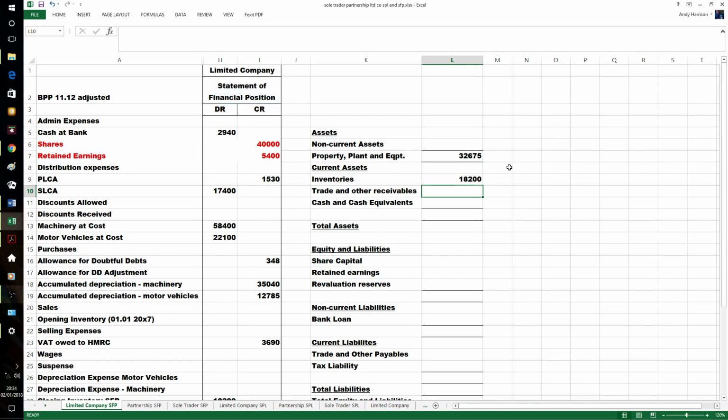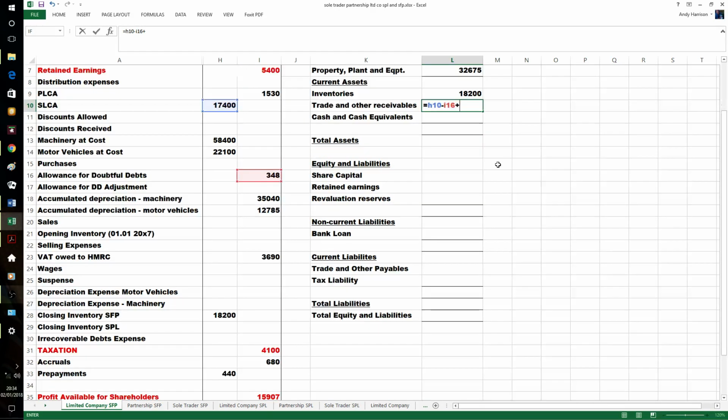There's our inventory, that doesn't change, but the receivables does, because although our main receivable is our sales ledger control account, we're going to take off the allowance for doubtful debts, because although it's a credit entry, it's a reduction in the value of our receivables, not a liability by itself. There's one we're going to add into this from the bottom, the prepayment. Don't think shareholders are really bothered about prepayments. And then cash and cash equivalents.